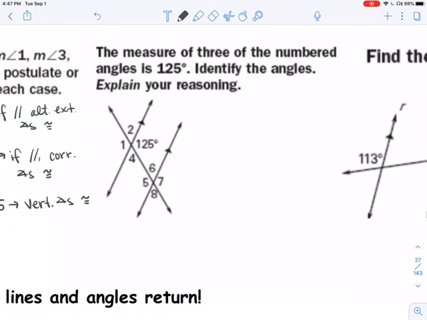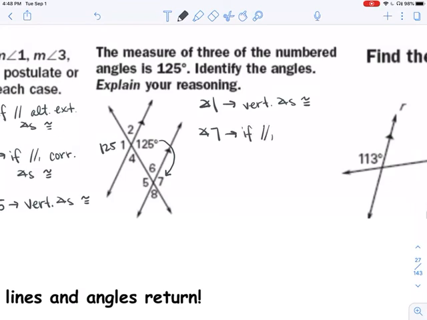The measure of 3 of the numbered angles are 125. We want to identify those and explain why. So let's check vertical angles first. Angle 1 would be 125 because all vertical angles are congruent. Let's check our angle pairs. So 125 and 7 would be the same, because they are in corresponding locations.